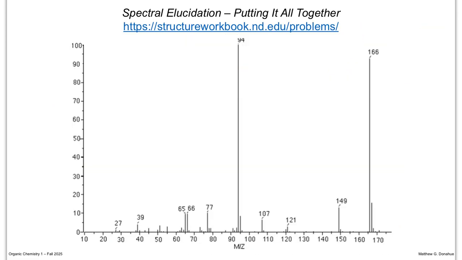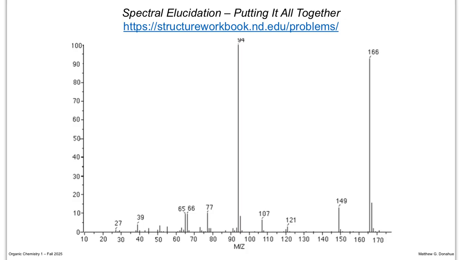So the last problem is from Notre Dame. They have another set of spectroscopy problems where you're given mass spec, IR, carbon, and proton data. That's what the rest of these slides are. They belong to one problem.